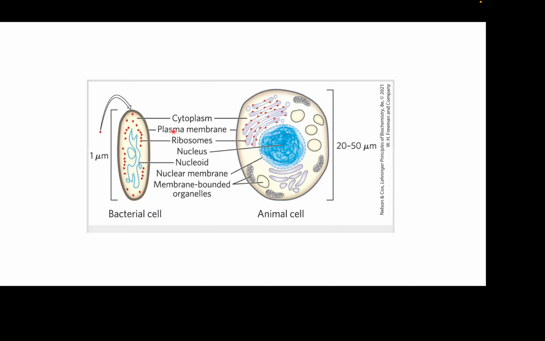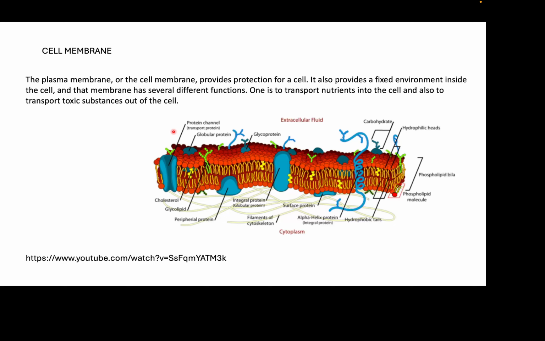Now, if we want to know more about the plasma membrane or cell membrane, what exactly is it? The plasma membrane or the cell membrane provides protection for a cell. It also provides a fixed environment inside the cell, and that membrane has several different functions.